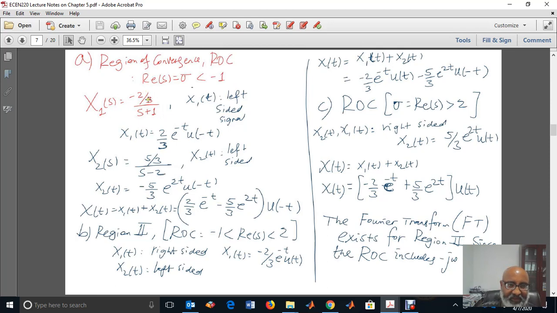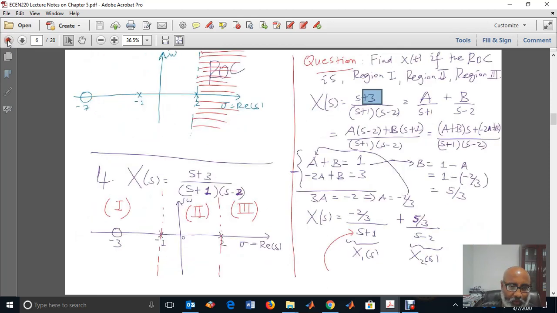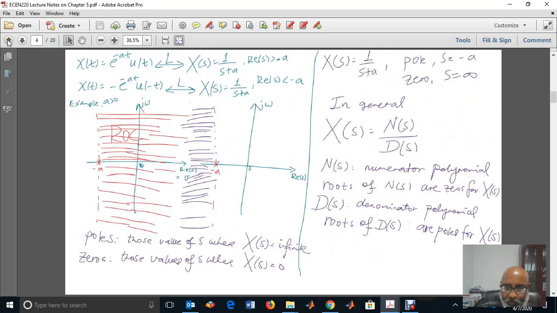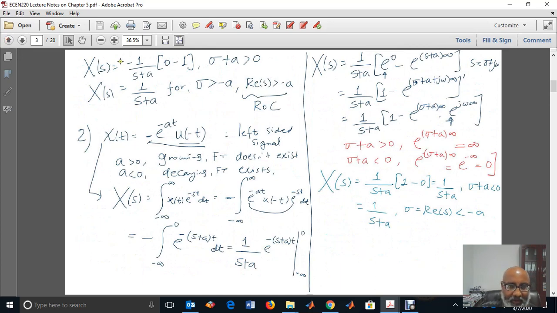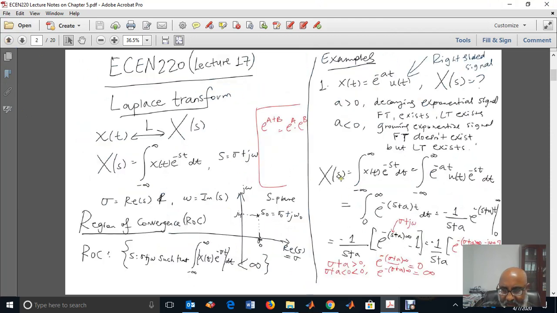So for that case, we use, remember, the two rules. What are the two rules? I go back again. For the right-sided signal, if I have x(t) = e^(-at)u(t), then the Laplace transform is 1 over s + a, with real part of s greater than -a.